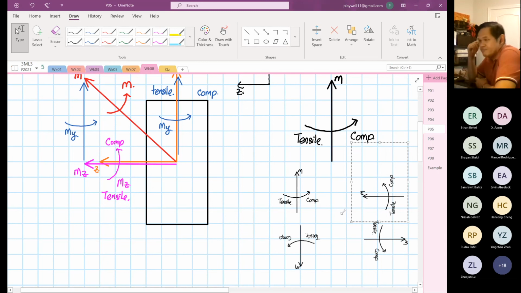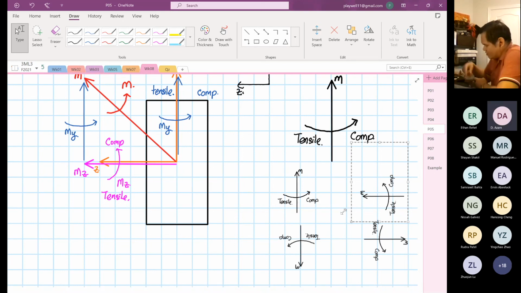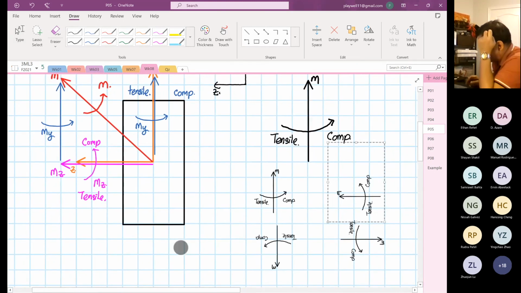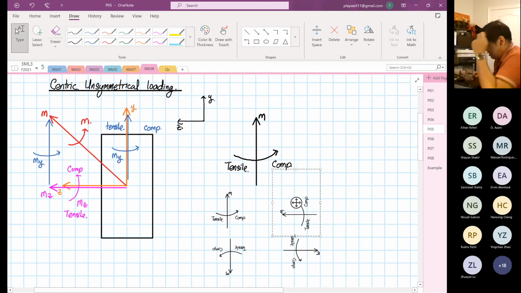Okay, so you're going to tell me that I made a mistake. Am I right? Yeah, I realized that once I drew all this. So now once you've got all this, you are good to go. This is really helpful, it even helped me just now.